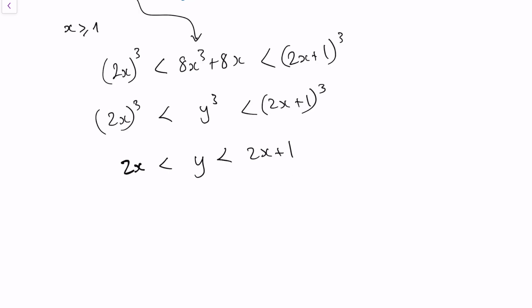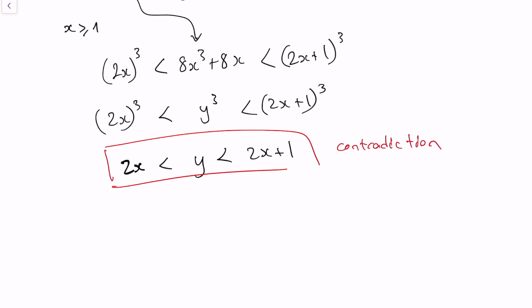But notice that this statement here is a contradiction. And the reason for that is obviously that the next integer after 2x is 2x plus 1. Since x is an integer, y is an integer, y cannot be between 2x and 2x plus 1, because these are consecutive integers, right? So this is a contradiction. In other words, this assumption here, x is greater than or equal to 1, must be false.